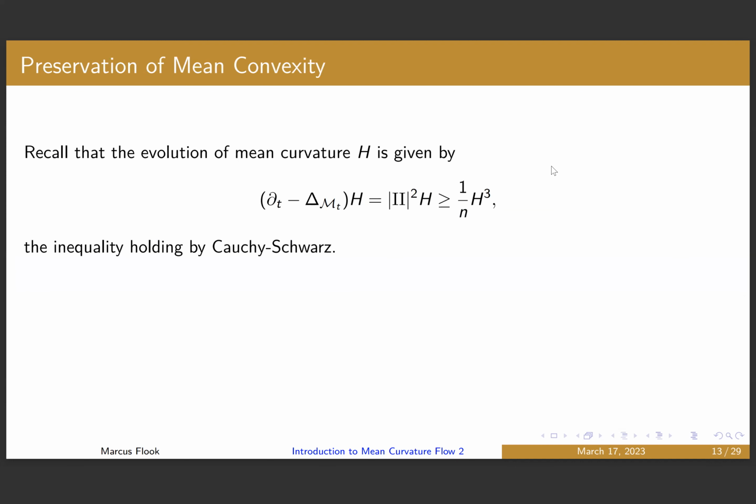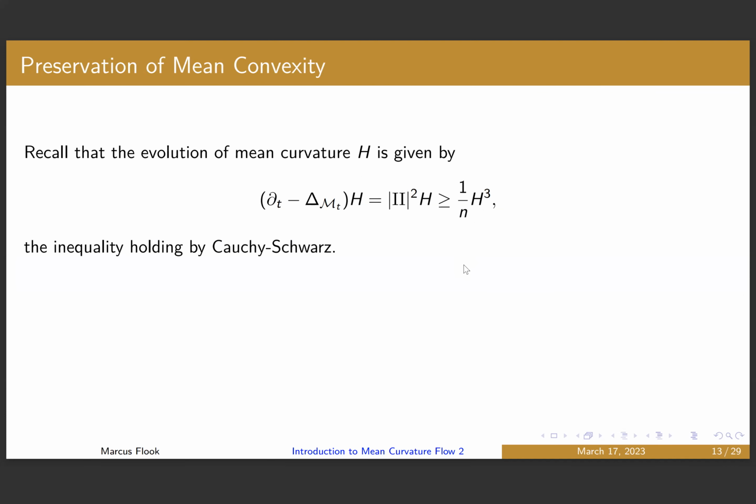So recall that we had this evolution equation for the mean curvature. Note that in this inequality, we're using Cauchy-Schwarz. So we're showing that the evolution of the mean curvature is greater than or equal to 1 on n times the mean curvature cubed.